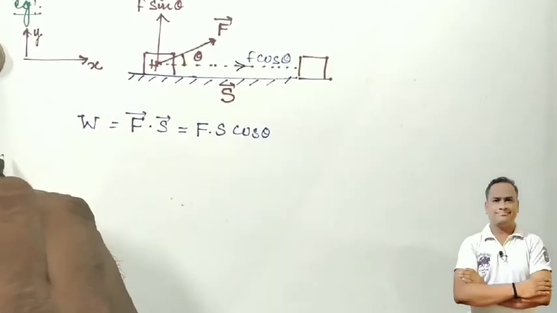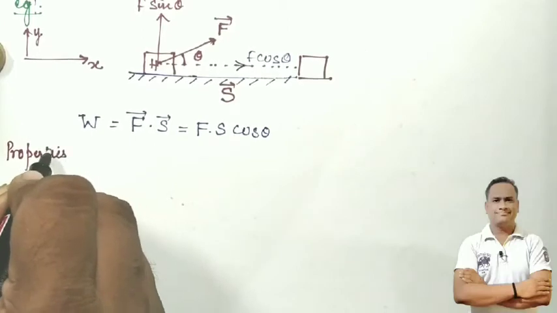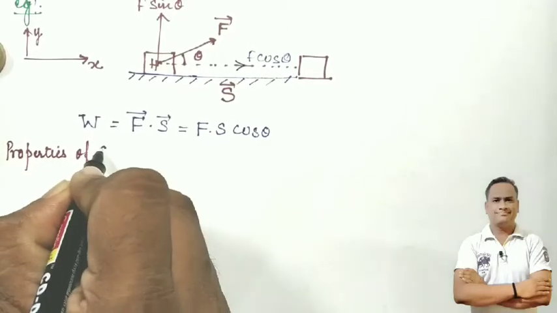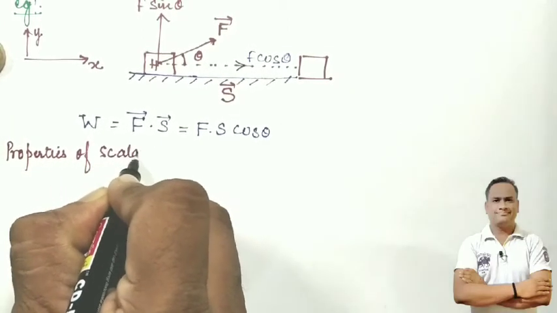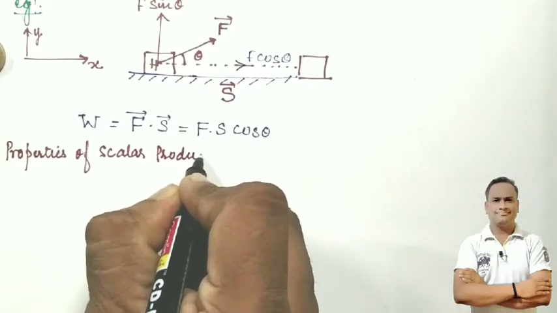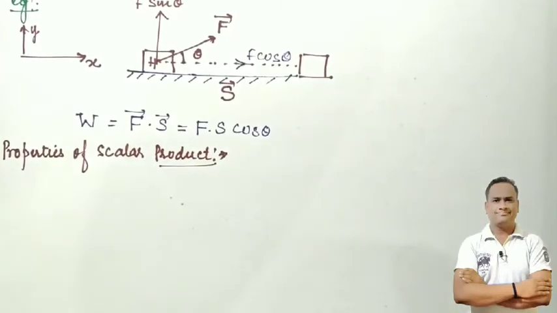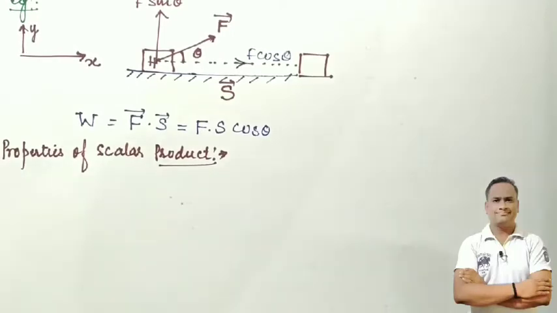Here I am going to list the properties of a scalar product. Students, in the lower classes you have already learned the associative property, commutative property, and distributive property.